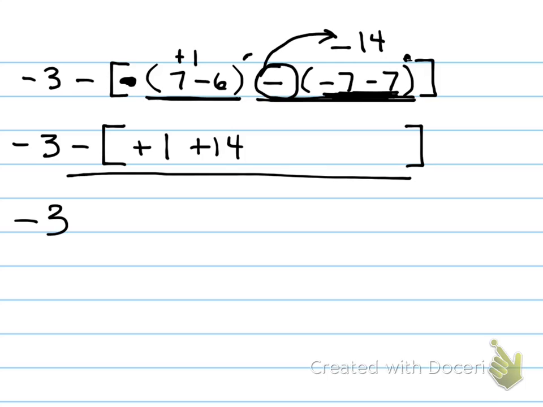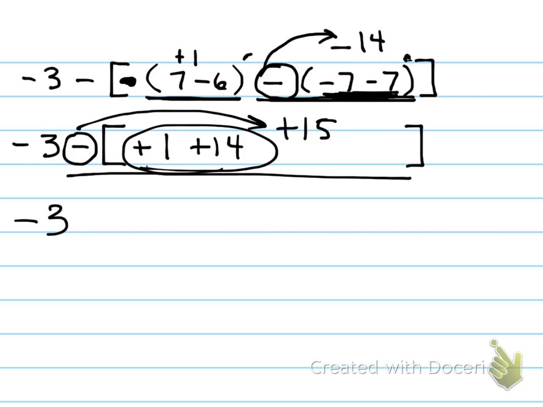So the negative 3 is just going to come down. Look where first? Inside. Be careful, inside. So positive 1 plus 14 makes positive what? 15. My coefficient is a negative. What is negative times a positive 15 going to become? Negative 15, right? It'll change the positive to a negative, but it won't mess with the number.